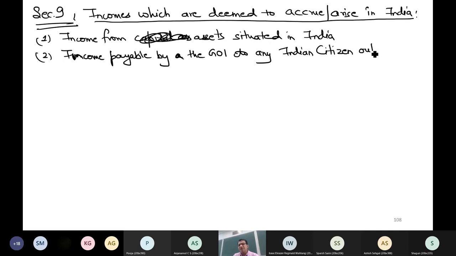If any Indian citizen is outside India but salary is payable by the Indian government, we have to assume that the income is accrued in India. So the Indian citizen will not argue that I am non-resident, why are you taxing this salary. The Government of India says no, you are covered under section 9 where your income will be deemed to be accrued in India and you have to pay the tax even if you are non-resident.